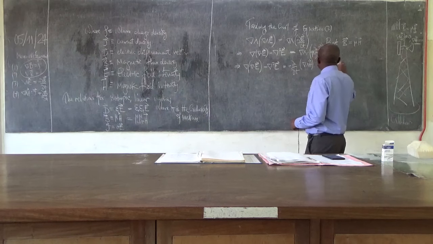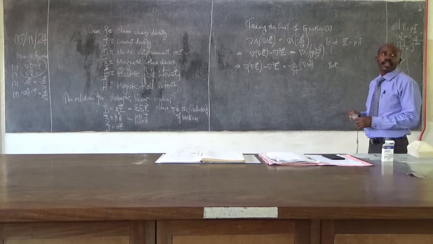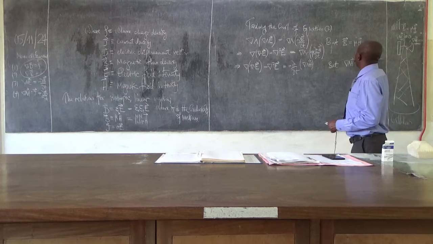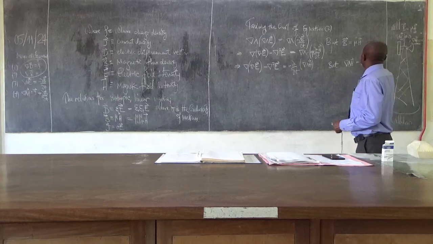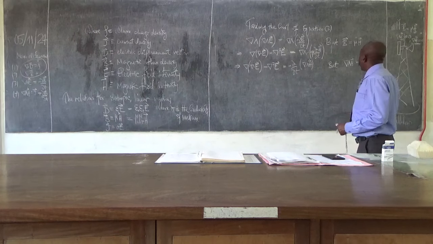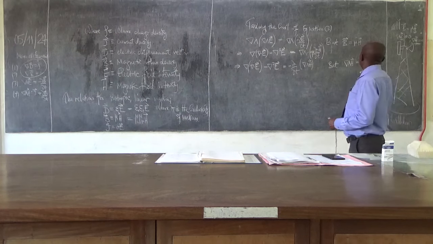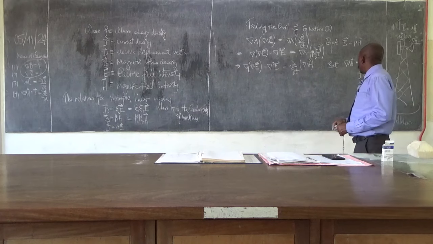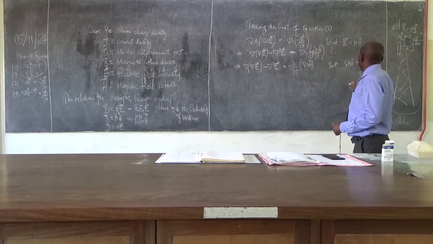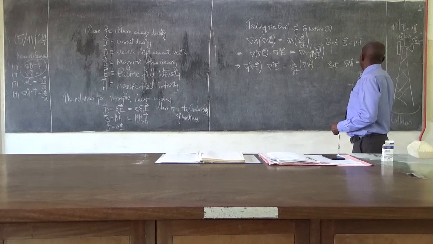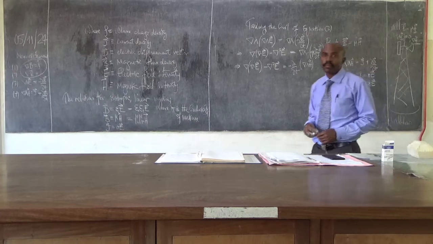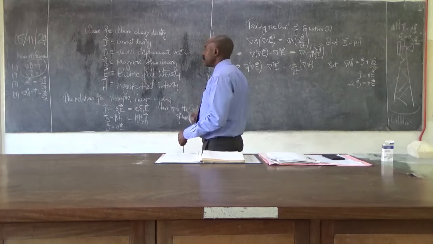But from equation 4, curl of H equals J plus partial D by partial t, and J equals sigma E, and D equals epsilon E. So I plugged in.